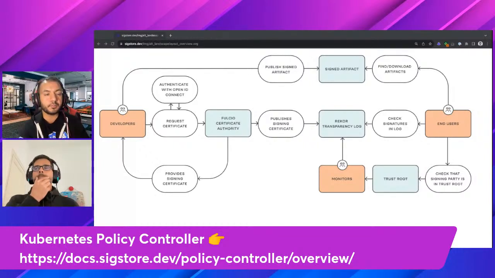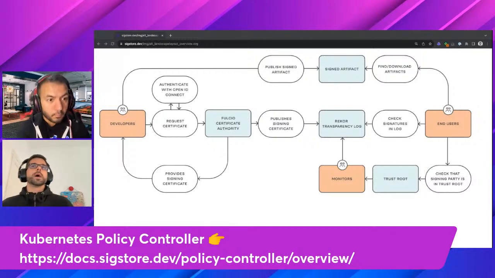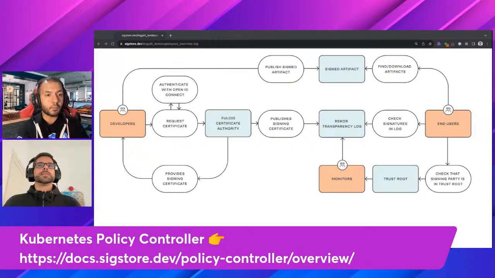Well, this policy, a kind of cluster image policy custom resource, has been designed with the community, and Kyverno was present during the design of this resource. It has been defined with the community, but let's say that Sigstore has this custom resource while Kyverno is still using their own resources with a similar structure.